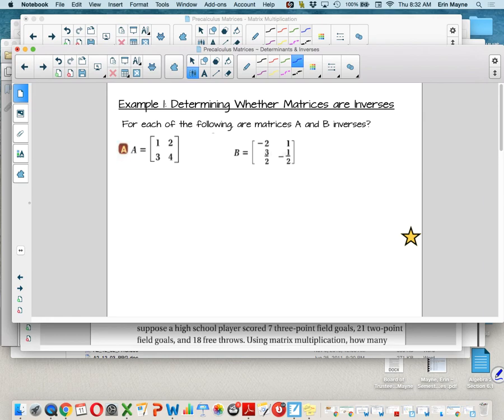Make sense? Okay, so what do I need to do to these to decide if they are inverses? Multiply them and see if I get 1, 0, 0, 1. So all I want you to do with the people that you're working with is just multiply it out and compare it. Go.